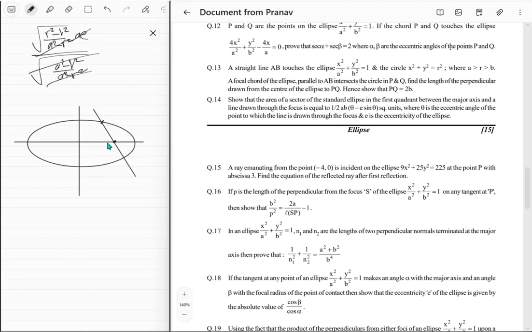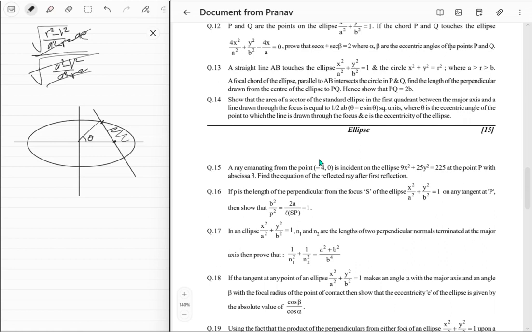So what is this? Maybe you mean this area. Is that what you mean? That's equal to half AB times (theta minus E sine theta) or something. Okay, so this has to be theta, whatever. Oh, it just makes no sense now.